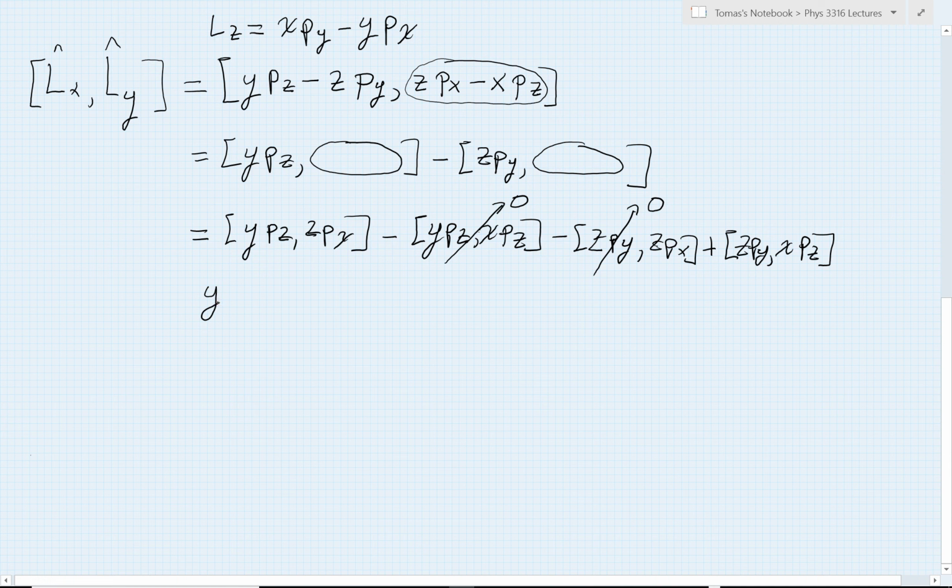So I'm going to have a y times px. And I can do that, of course, for both the original order of the commutator and the second order for the commutator. In both cases, I can pull y px out to the front, so I will open up a parentheses.